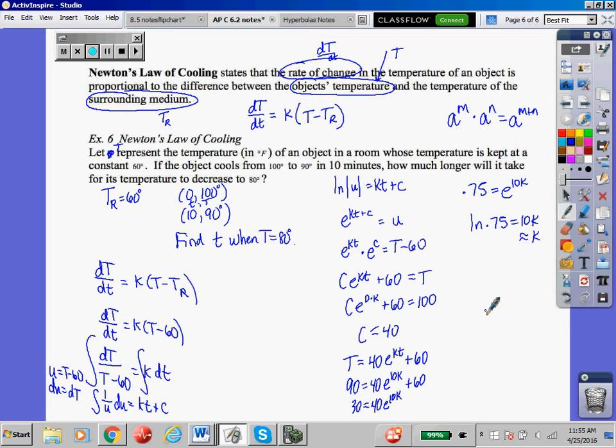Then I have the natural log of 0.75 equals 10k, divide by 10, and I'm getting negative 0.028768. So my formula is T equals 40e to the negative 0.028768t power plus 60.